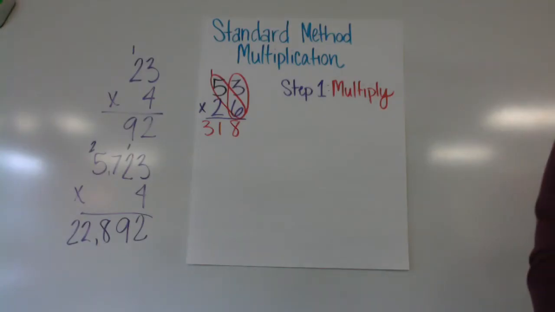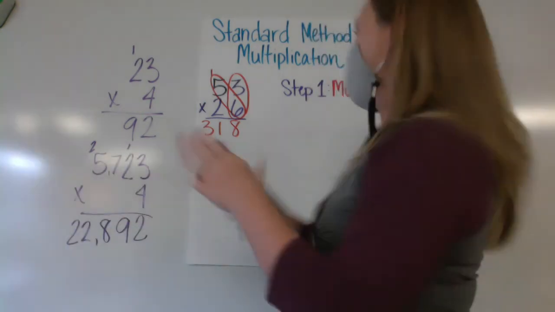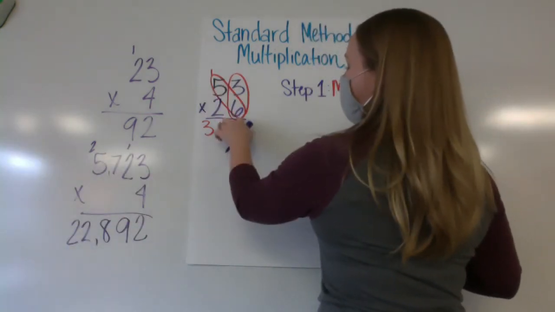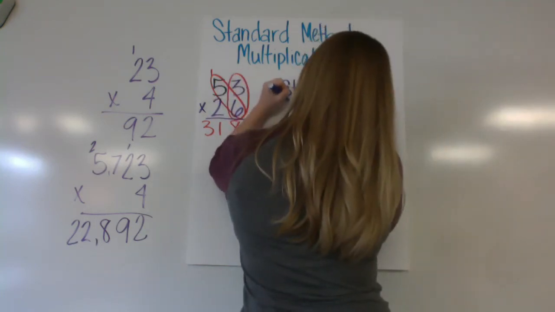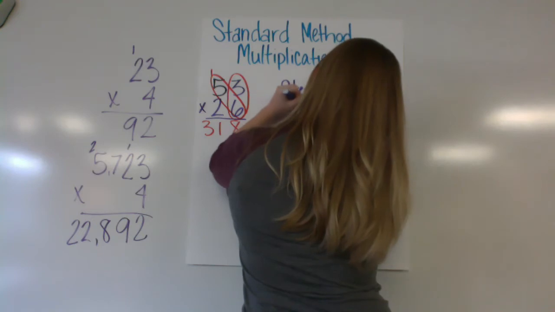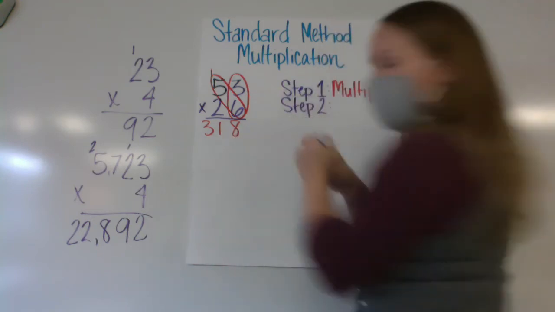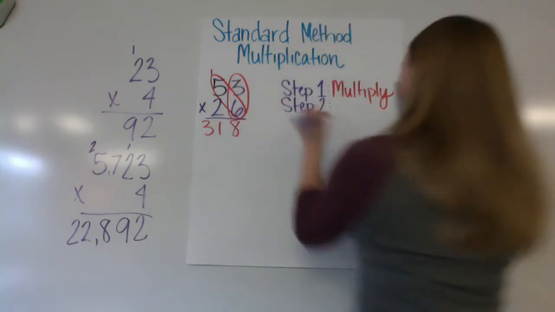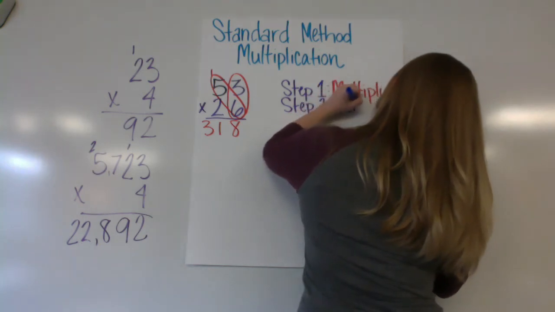I'm going to go with blue next, with a dark blue. So we're moving on to step 2. So that was our step 1, just multiplying the ones place. Now step 2 is we're going to put in a 0, okay? So for step 2, write 0.